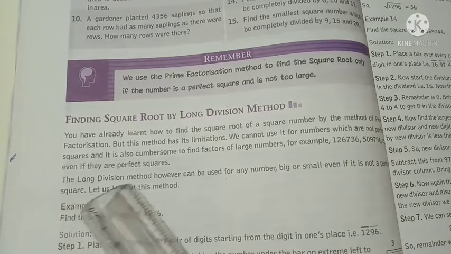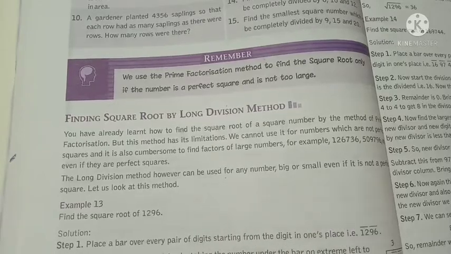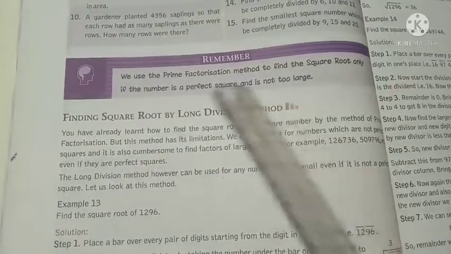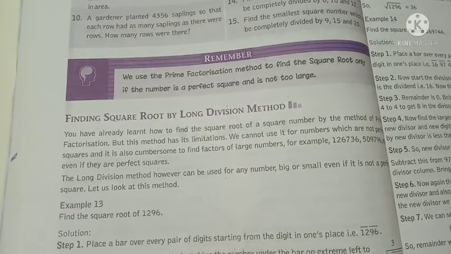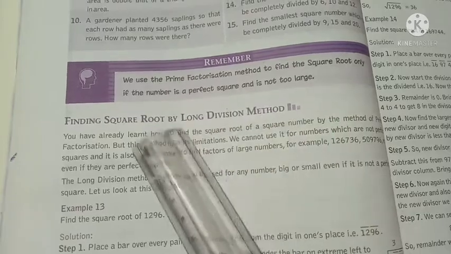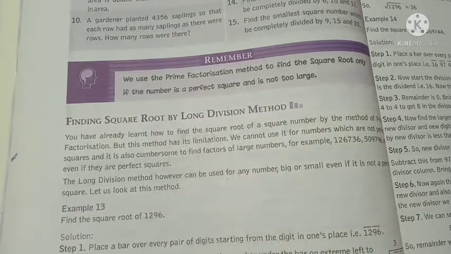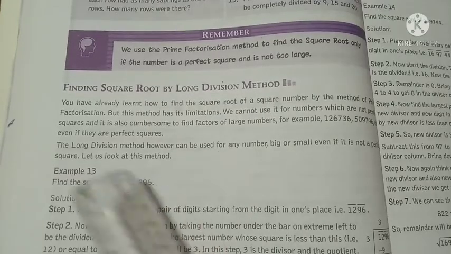The long division method, however, can be used for any number, big or small, or even if it is not a perfect square. What is the use of the long division method?